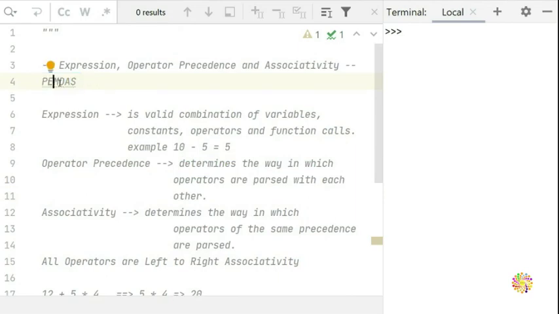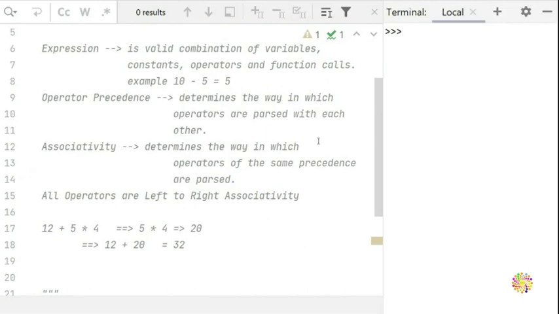Looking at these six letters, the parentheses of course have priority over the exponent, the exponent has priority over multiplication, multiplication has priority over division, division has priority over addition, and addition has priority over subtraction.